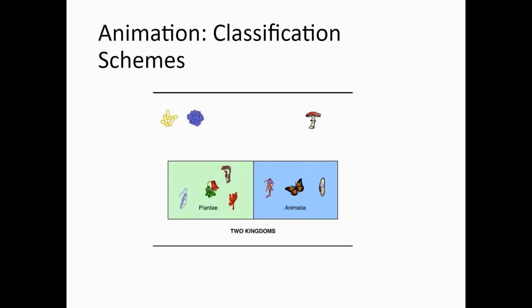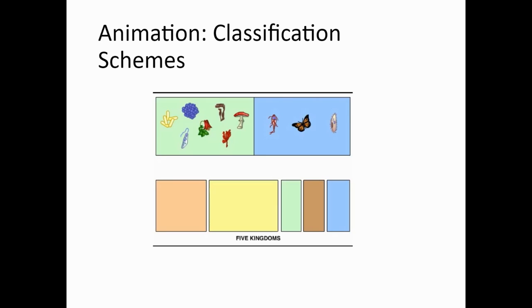Fungi and prokaryotes were grouped with plants because fungi are sedentary and prokaryotes have cell walls.